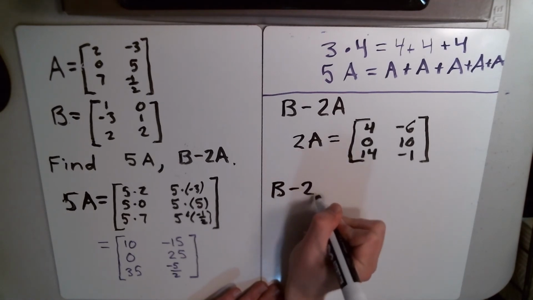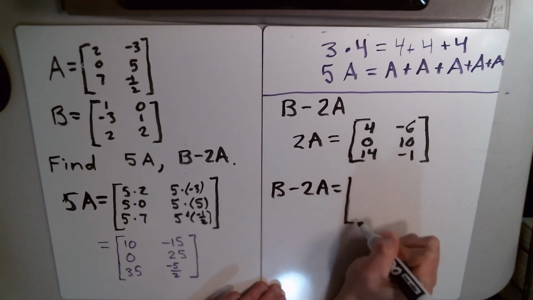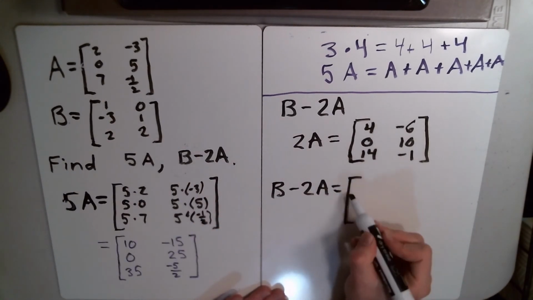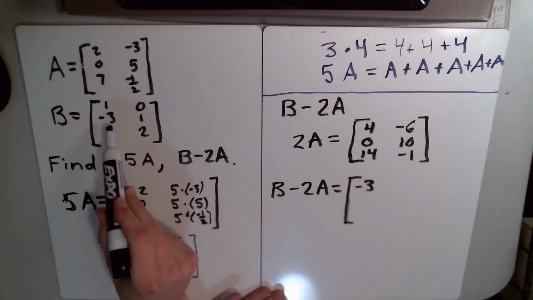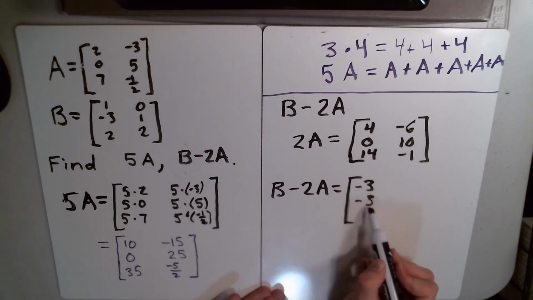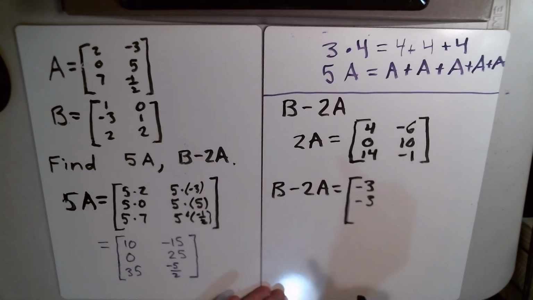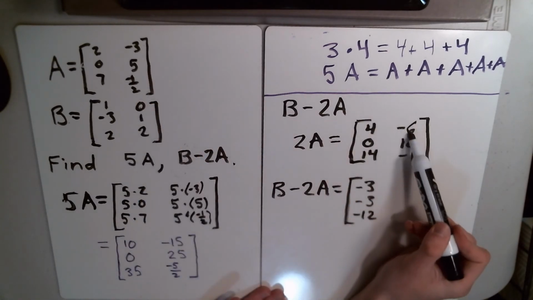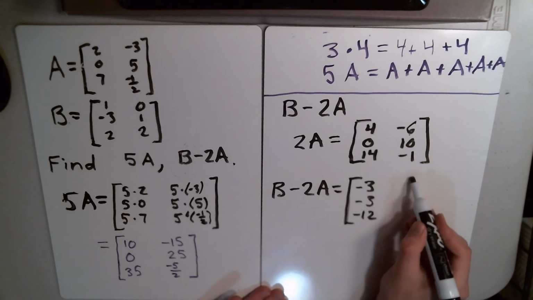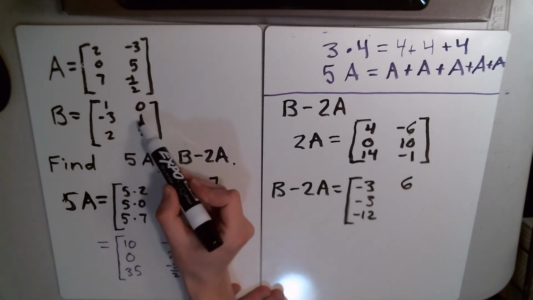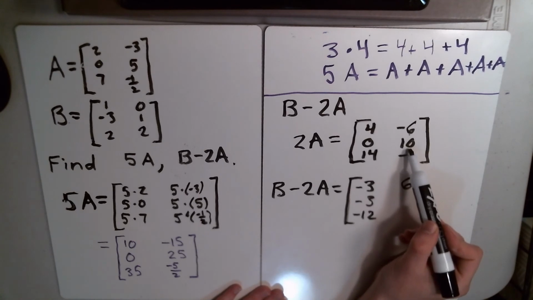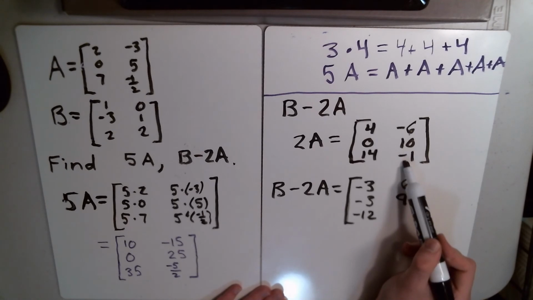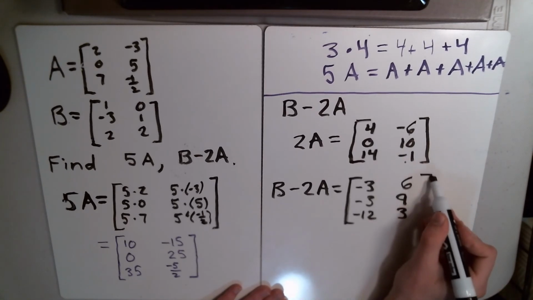So B minus 2A would be the matrix where, starting with B, 1 minus 4 is -3. -3 minus 0 is -3. 2 minus 14 is -12. 0 minus -6 is +6. 1 minus 10 is 9. 2 minus -1 is +3.